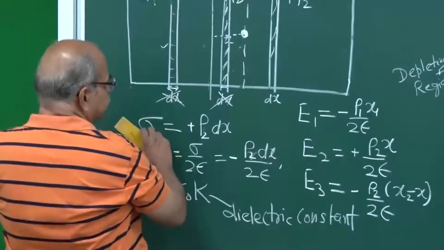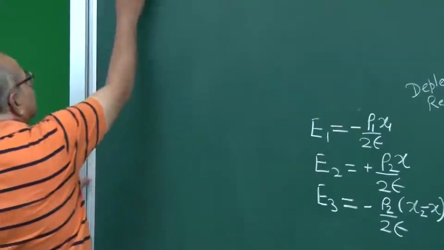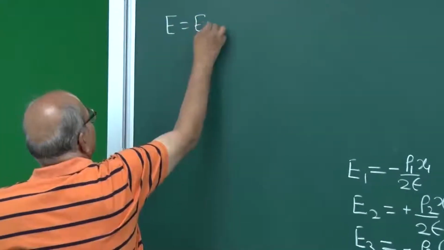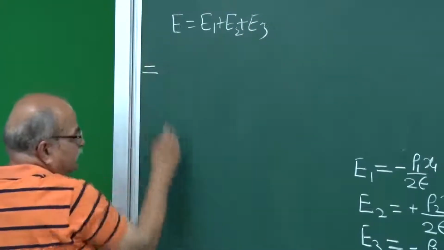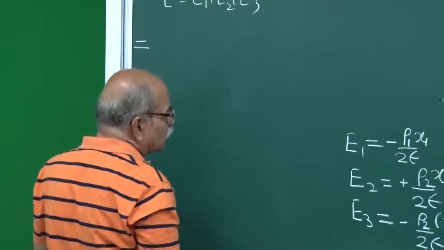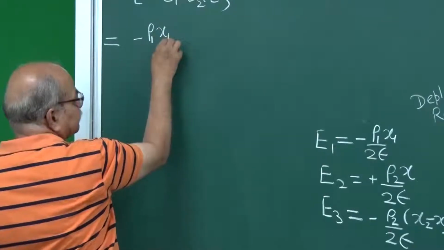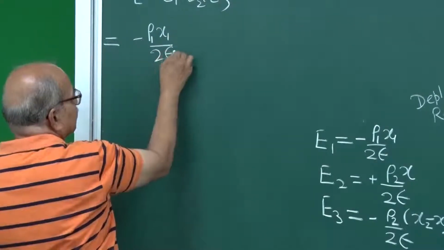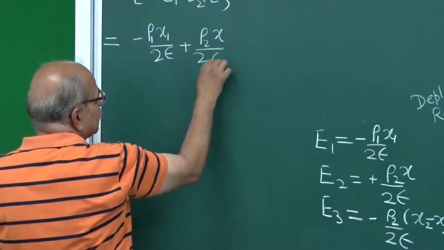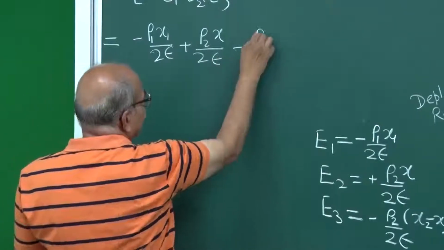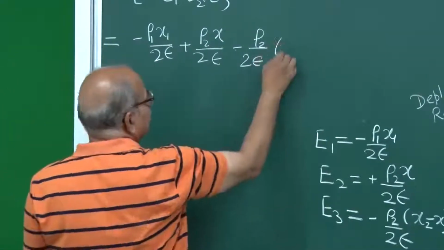So the total electric field will be E1 plus E2 plus E3, and that is minus rho 1 x1 over 2 epsilon naught, plus rho 2 x over 2 epsilon naught, and then minus rho 2 over 2 epsilon naught times x2 minus x.